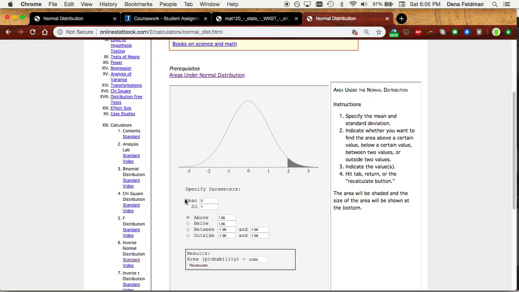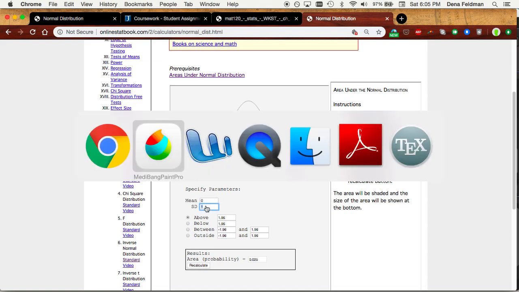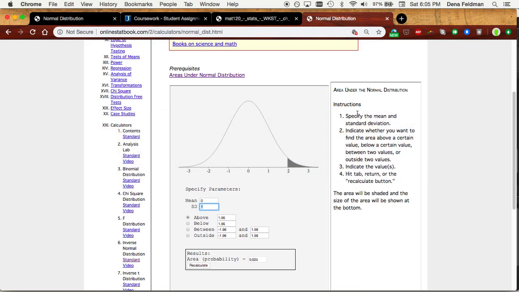Now I go back to my other page so that I can remind myself what are the mean and standard deviation, what are the parameters that I'm going to need to input into this calculator, because that's the first step in the instructions. Specify the mean and the standard deviation here and here.